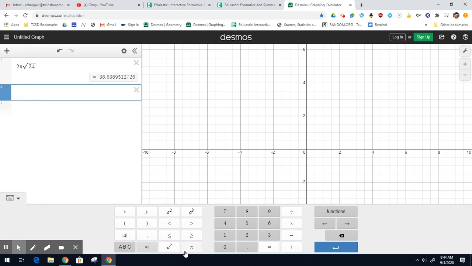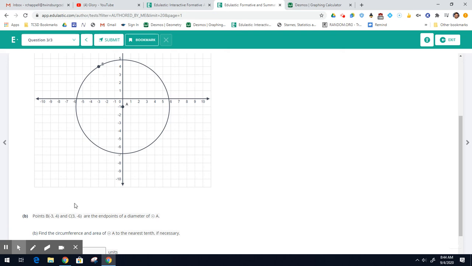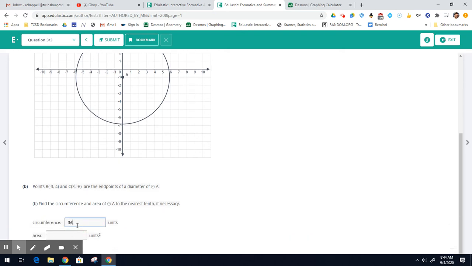And then my area is pi times the square root of 34. And then I'll click out to the right, and then I'll use this squared button. And that's 106.8. The 1 does not change the 8. So 36.6 and 106.8. So I'll scroll down, 36.6 and 106.8. Nice. All right, very good.